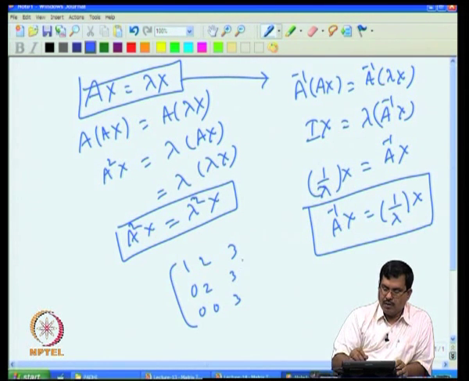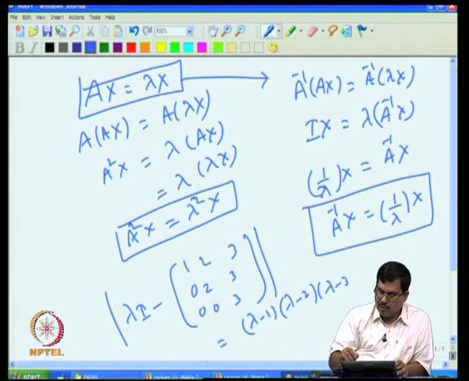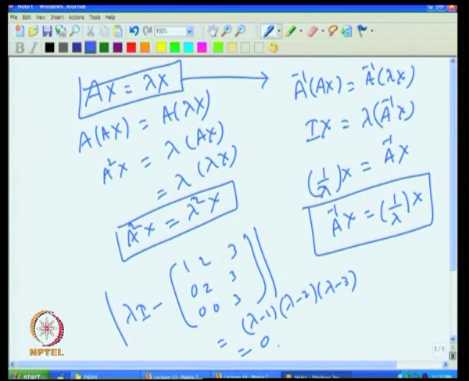The characteristic equation is the determinant of lambda I minus A, and that polynomial gives lambda minus 1 into lambda minus 2 into lambda minus 3. If I equate it to 0, then lambda 1 is 1, lambda 2 is 2, and lambda 3 is 3.